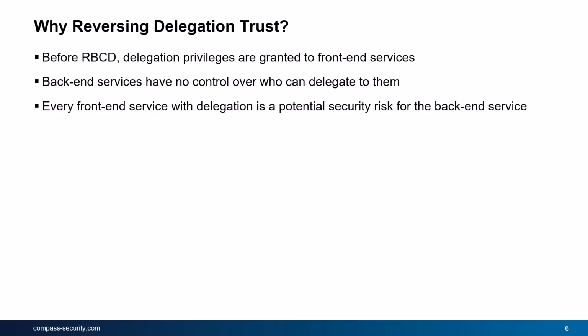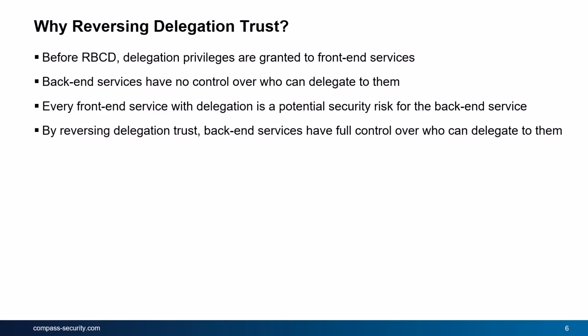So every front-end service that has delegation towards a backend system is potentially a security risk for the backend service, because again, it might impersonate any user, and that has in the end an effect on the backend system. Now, by reversing the delegation principle, or the way it is configured, it's the backend service that has control over who can delegate to them and who is not allowed to perform delegation.